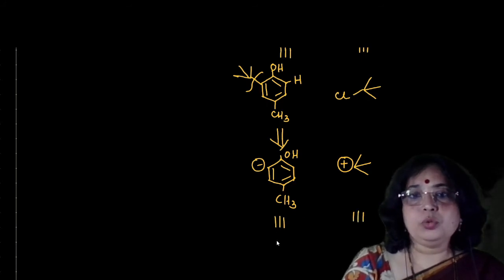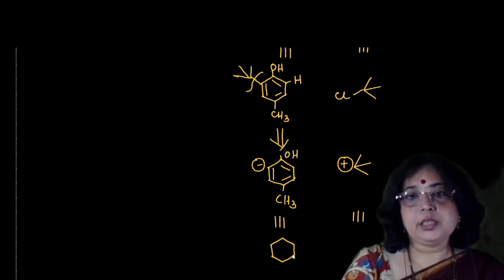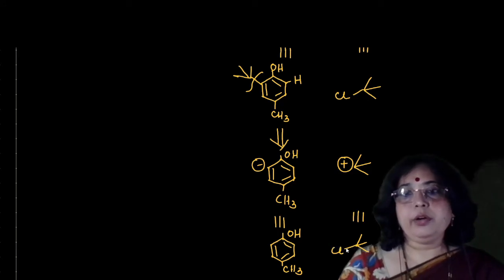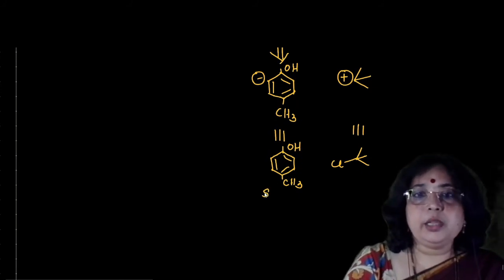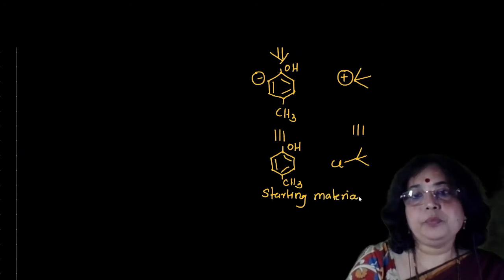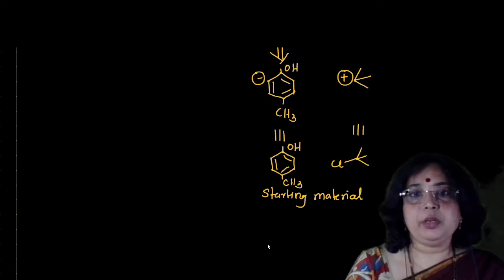So let me show you the synthetic equivalents obtained in this case: 4-hydroxytoluene and another molecule of the halide. All right. Now this molecule is a starting material, you can say, and this starting material is easily available.